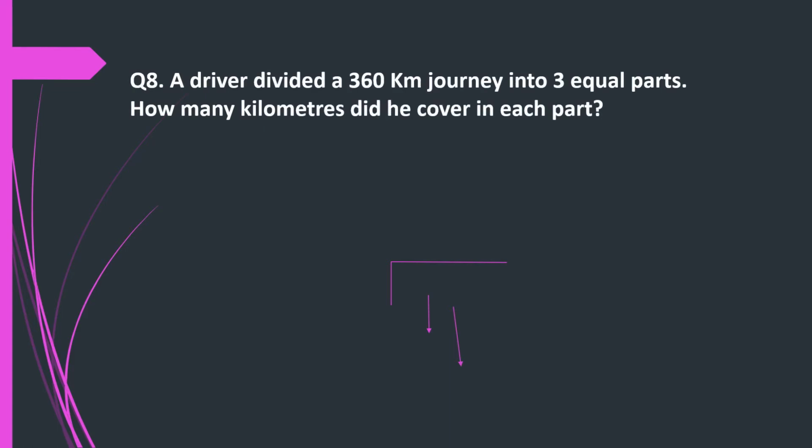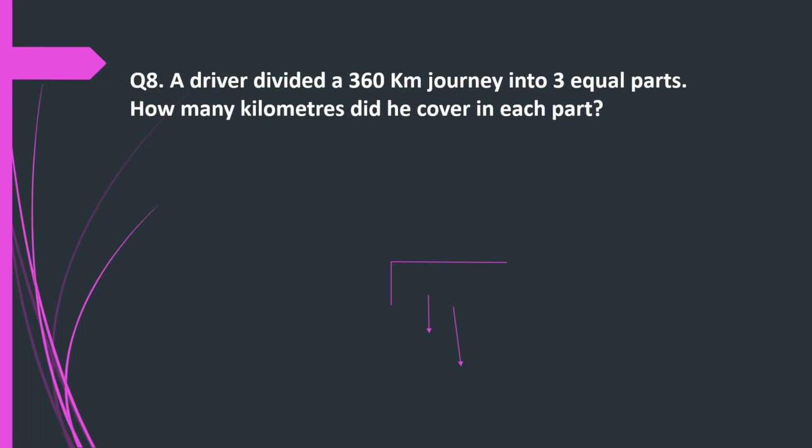Now children, see the question 8. A driver divided a 360-kilometer journey into 3 equal parts. How many kilometers did he cover in each part? This means total journey covered is 360 kilometers, and now this journey has to be divided into 3 equal parts.